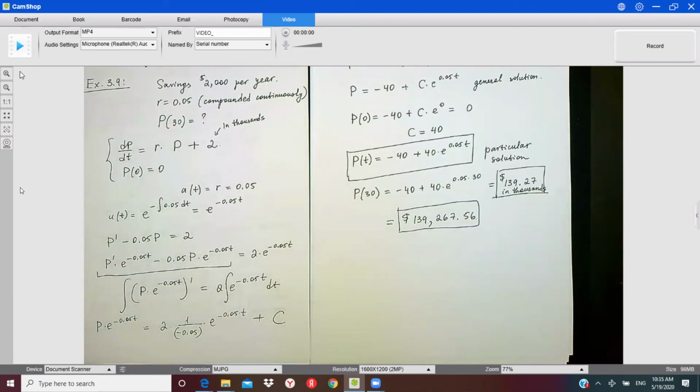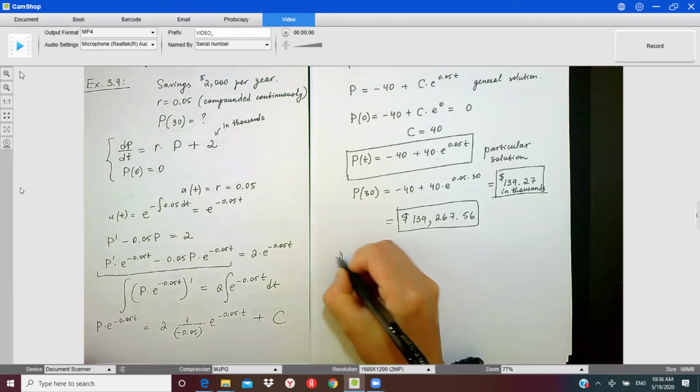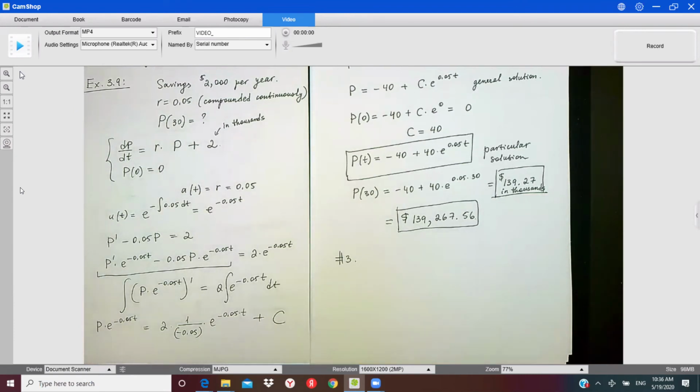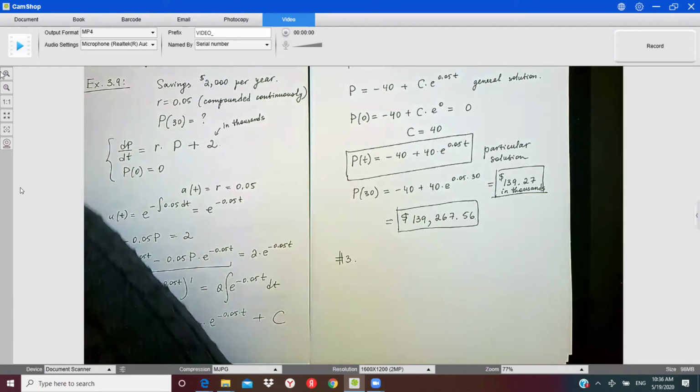So let us try one of those problems, such as number 3. Let's try number 3 and see how you're doing with this problem.